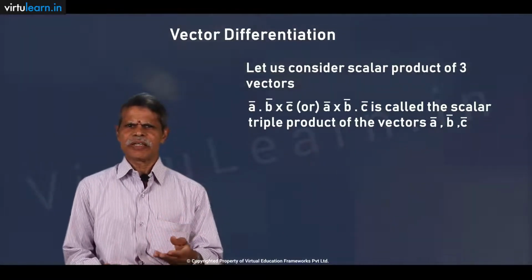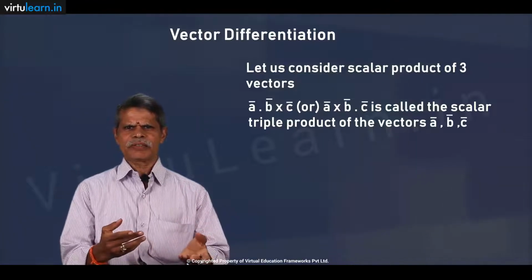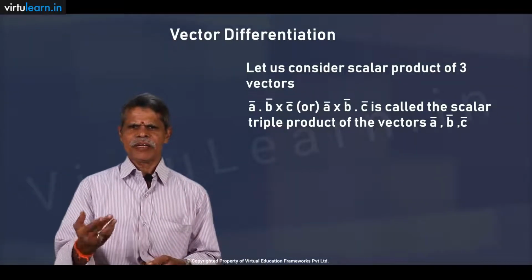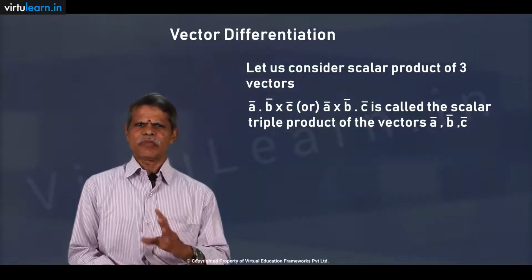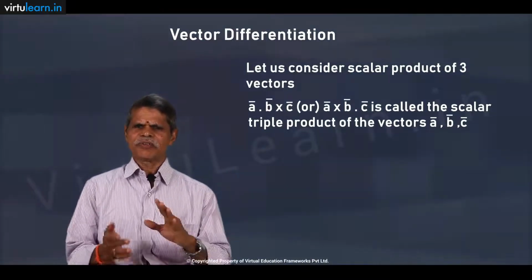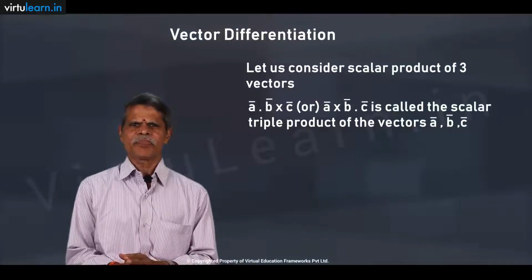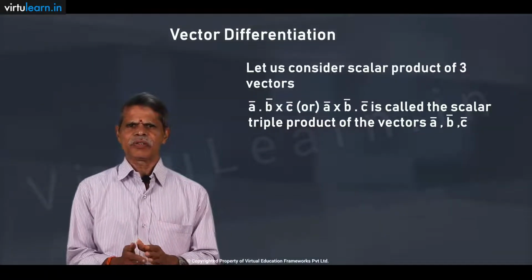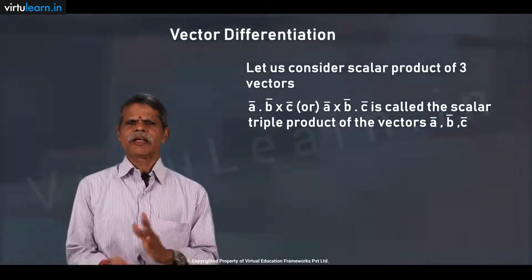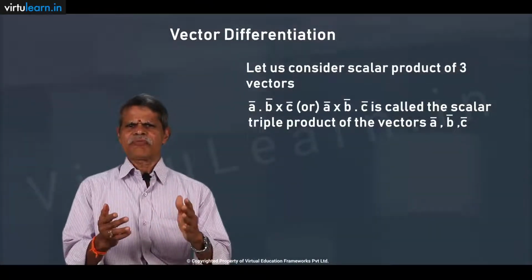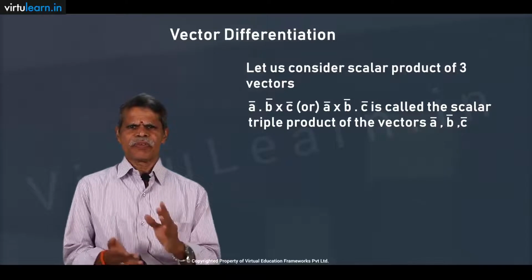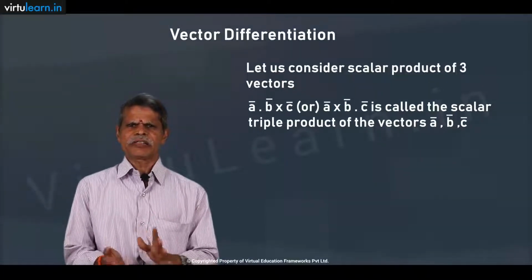Because when we consider the cross product of two vectors, the result is a vector quantity. When we take the dot product with another vector, the result will be a scalar quantity. Because the final result is a scalar quantity and three vectors are involved, we call it the scalar triple product.